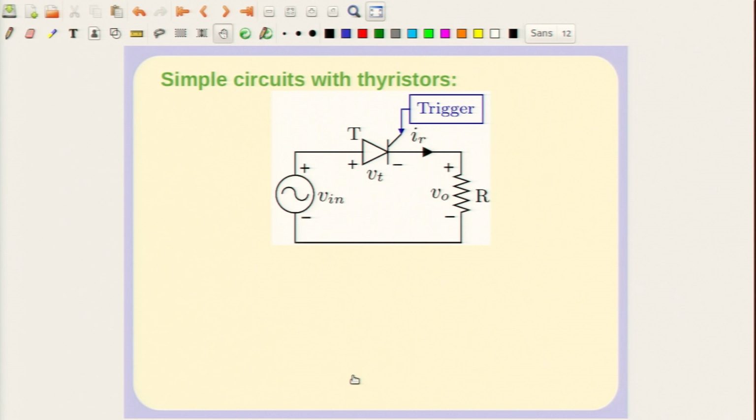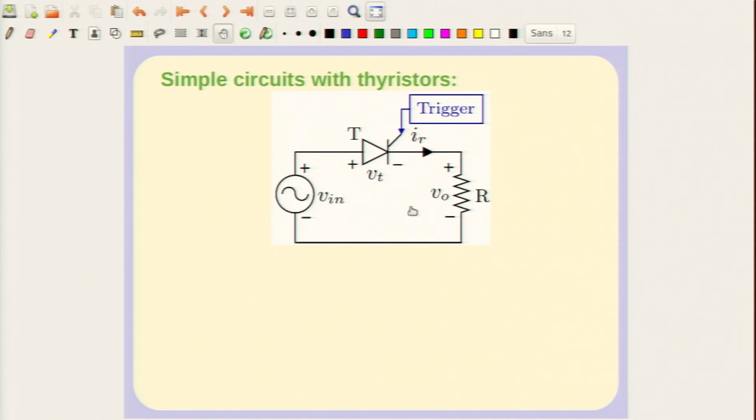Now, what we have additionally in this circuit is a trigger circuit. The trigger circuit gives a signal to this thyristor. If it is a light signal, then the trigger circuit is isolated from the main power circuit.